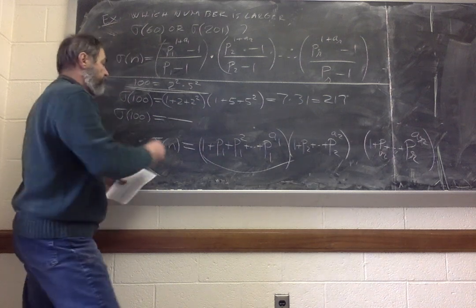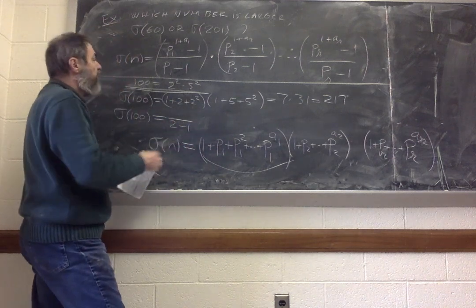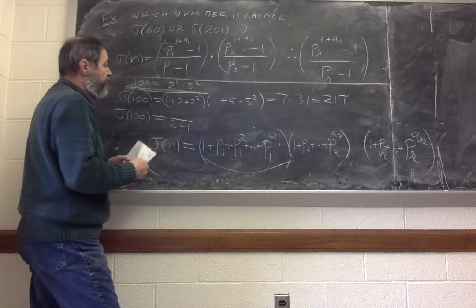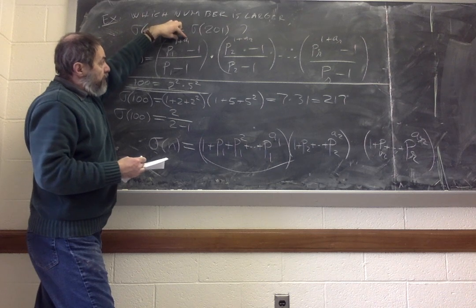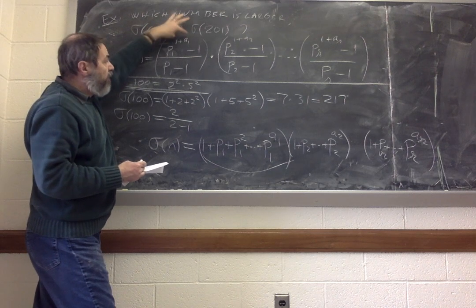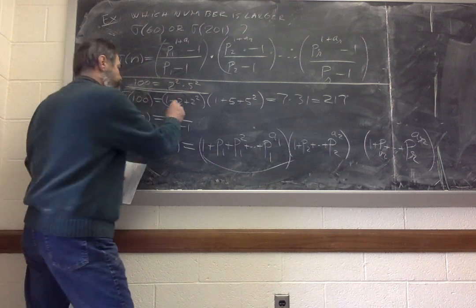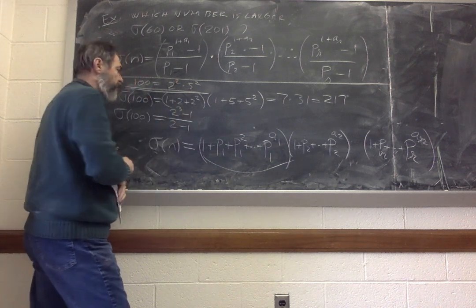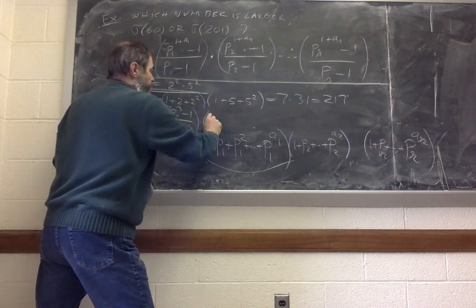That's all. So something over 2 minus 1. Of course, 2 minus 1 is 1, but I'll leave it for the moment. And in the exponent, I have the same prime to something that's 1 larger than the exponent that appears in the number. So 2 cubed minus 1. This is one thing. And then it's the same with 5.